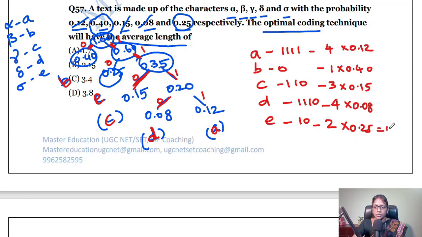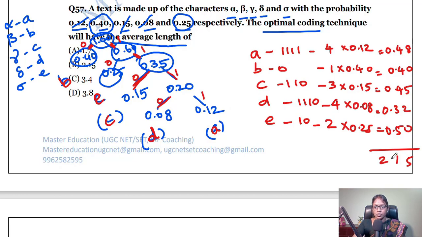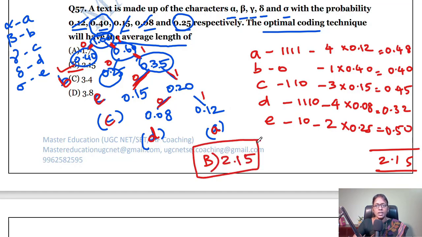That gives 0.48, 0.40, 0.45, 0.32 and 0.50. When you add all these, 2.15 is the answer, which is available in option B. So the answer is B, 2.15. The optimal coding technique will have the average length of 2.15.